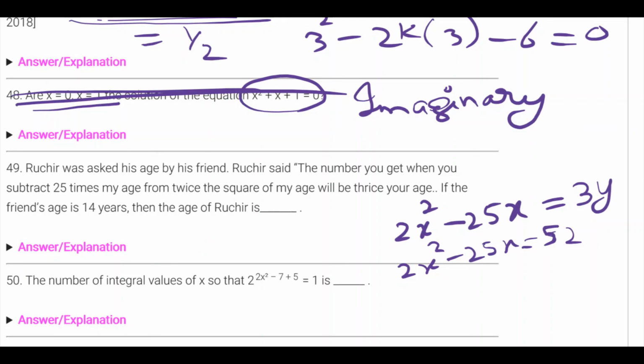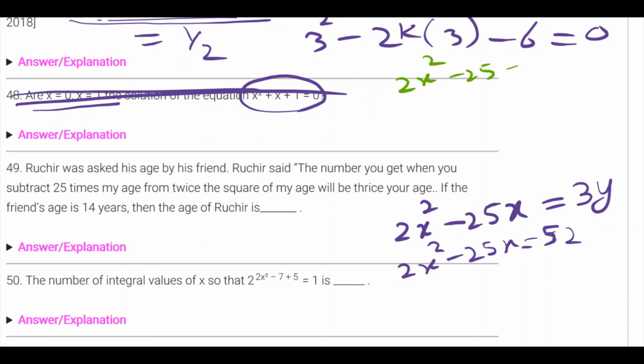So we need to solve the quadratic equation 2x square minus 25x minus 42 equals 0.